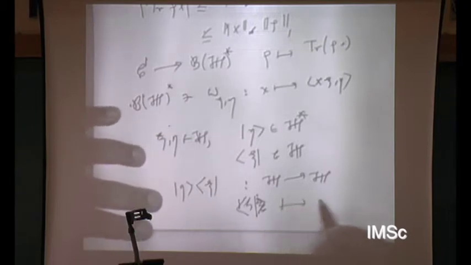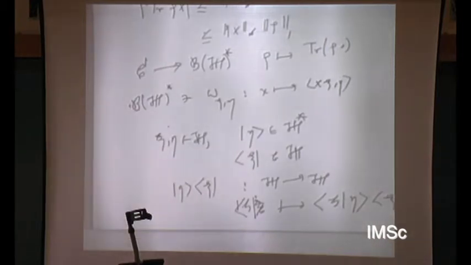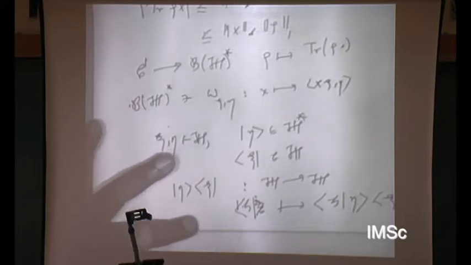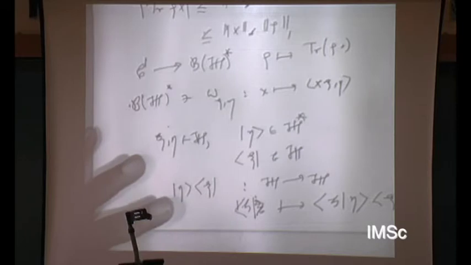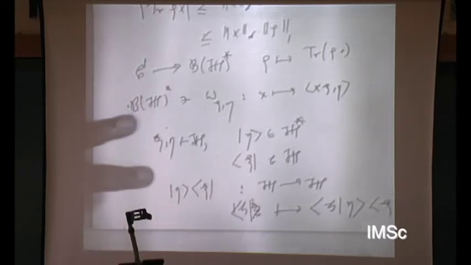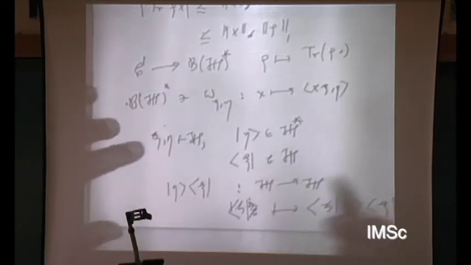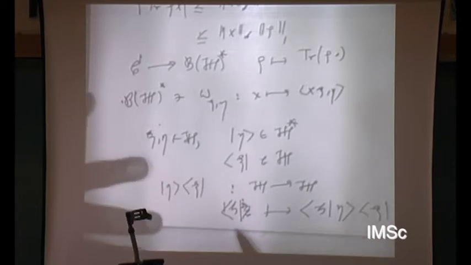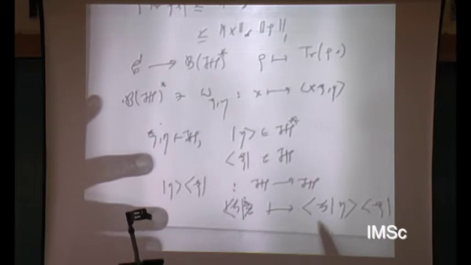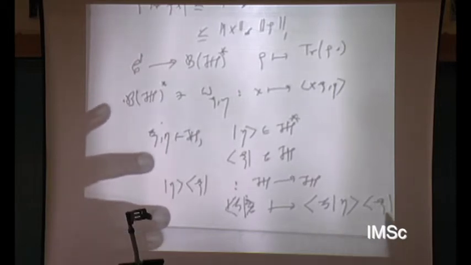So zeta goes to, you do the only thing you can. Zeta goes to zeta inner product eta times psi. Right? Or if you don't like the bra and ket notation, you just think of this as the vector zeta going to the vector zeta inner product eta times psi.